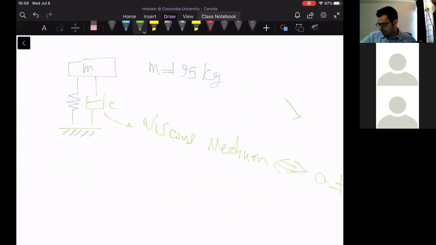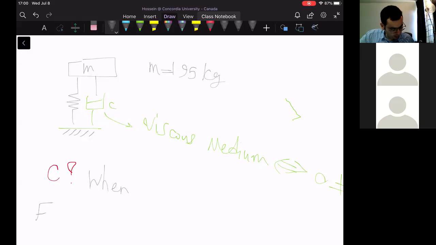So a machine part of mass 1.95 kilogram vibrates in a viscous medium. Determine the damping coefficient, C, when a harmonic exciting force.